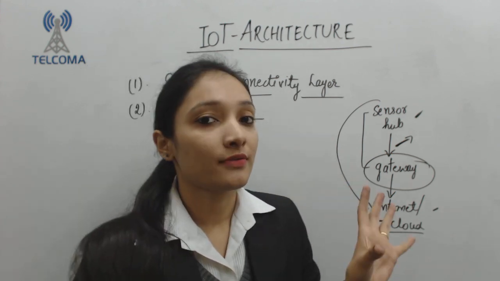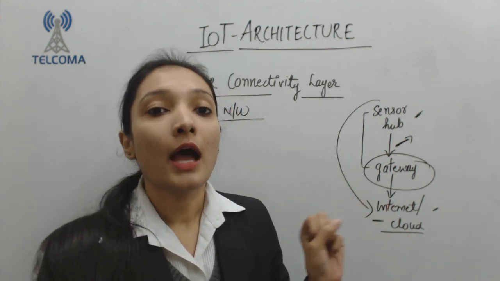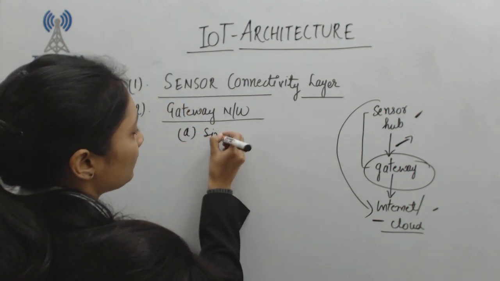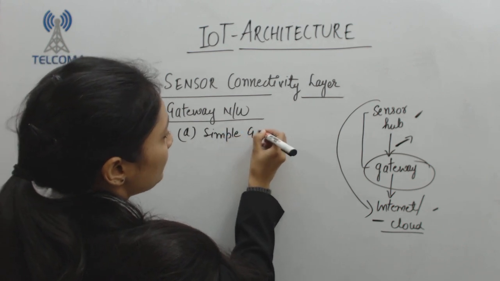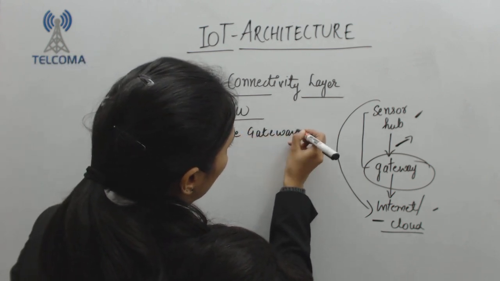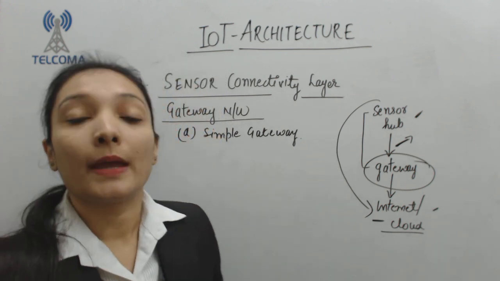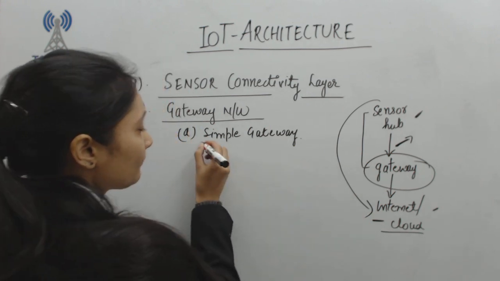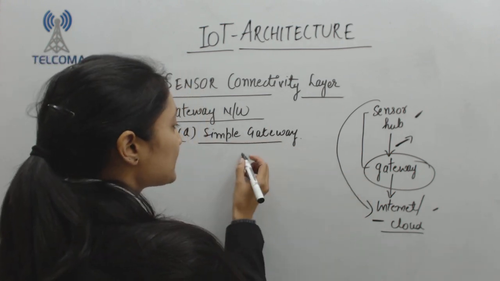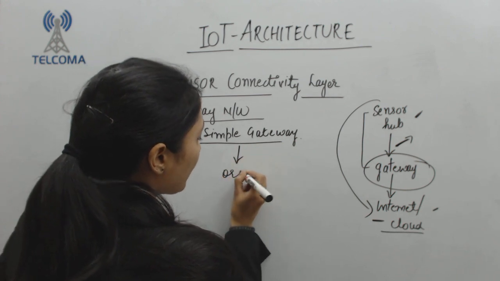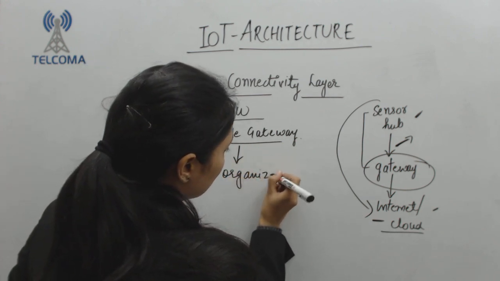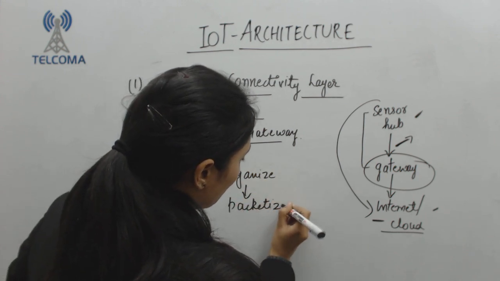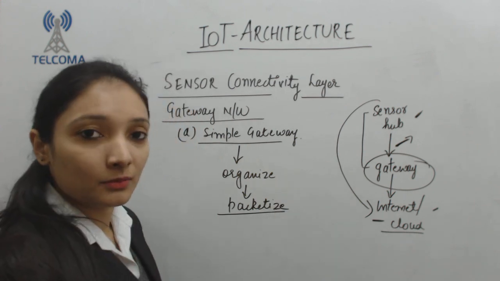So there are basically two different types of gateway implementation for your IoT. The first one is your simple gateway, and the second one is your embedded control gateway. Now, the simple gateway will simply organize the data and convert it into packets, that means forming a particular frame.